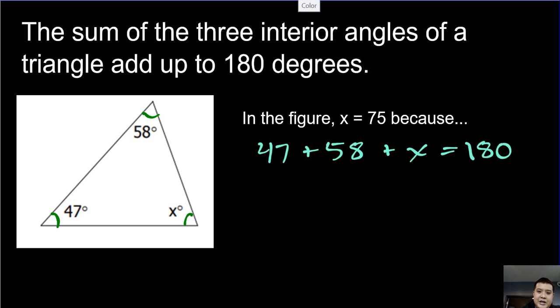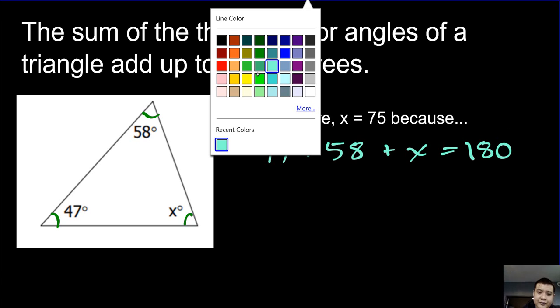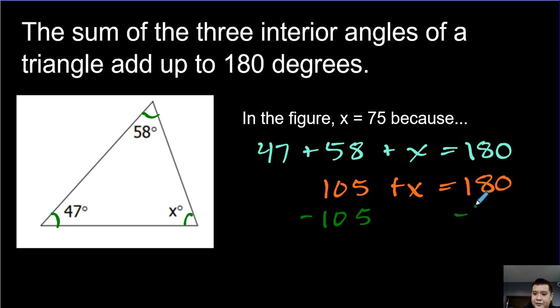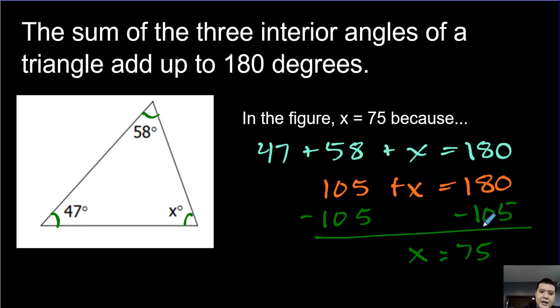Then we have 47 plus 58, which is 105, plus x equals 180. Subtract 105 from both sides, and we find out that x is 75. So this angle right here is 75 degrees.